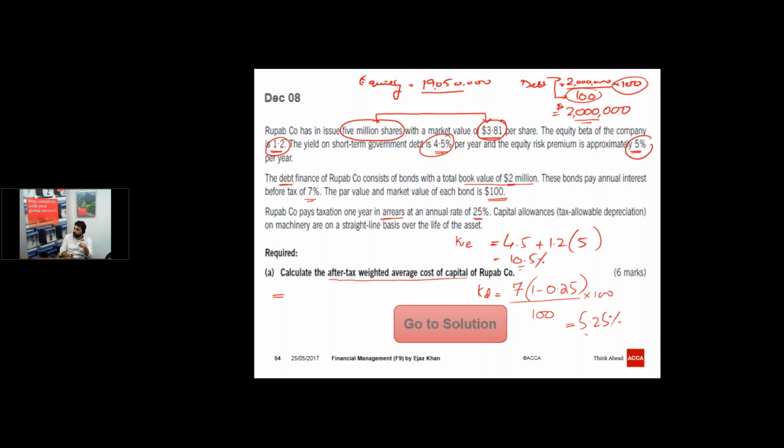So we can't take 3.81 as our share price, because the par value of the debenture will be 100. The market value of the debenture is 100, and the market value of the share is 3.81. It will totally distract our weightage. So we'll always use the total values rather than per share or per debenture value to calculate the weightage.